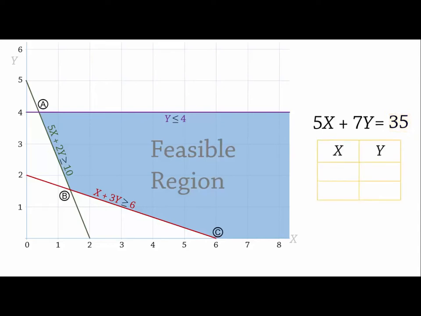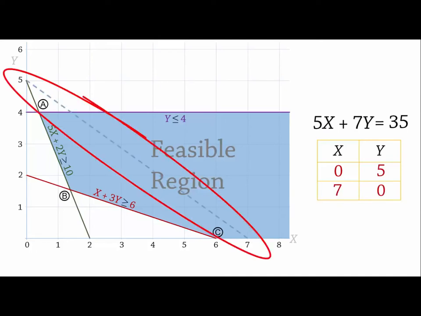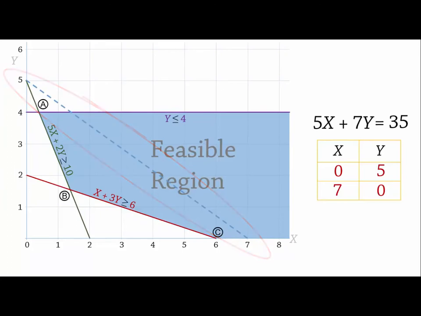Next, we find points to draw the objective function line. When x equals 0, y equals 5, and when y equals 0, x equals 7. So, the objective function line is this blue dotted line here.